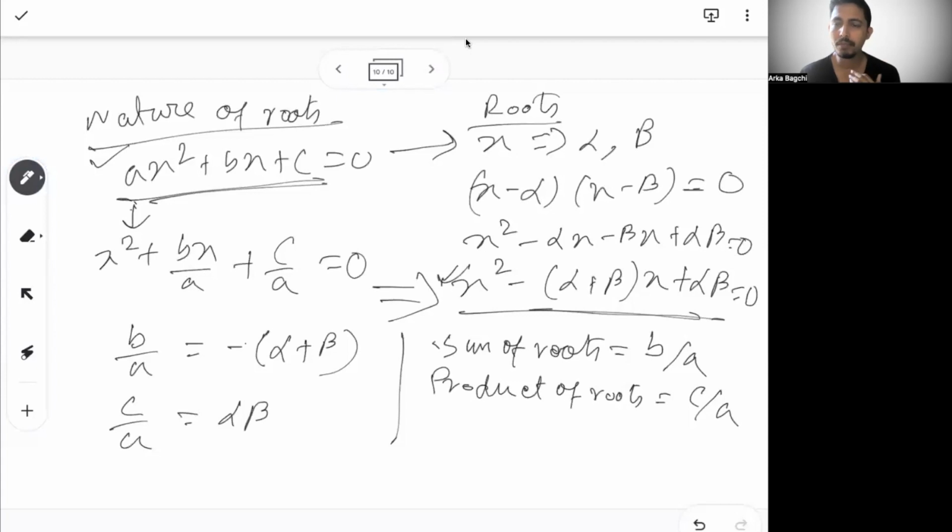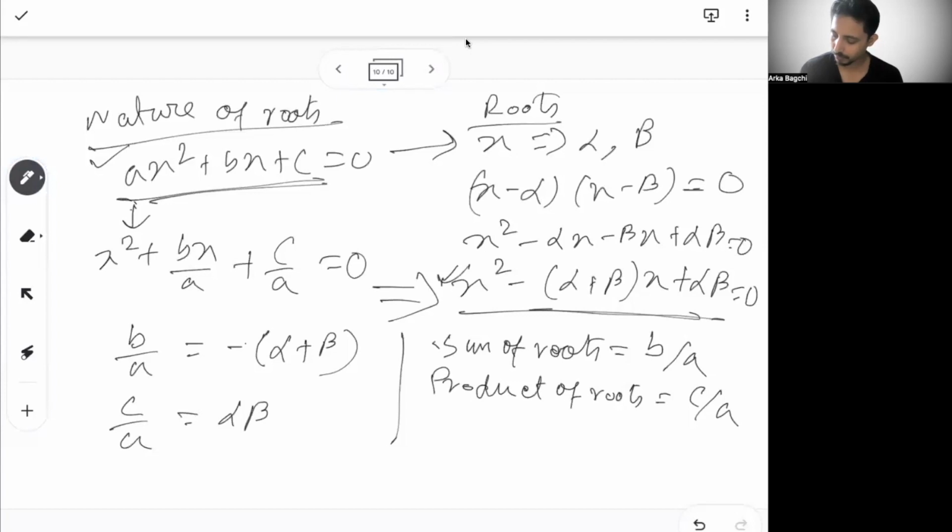A lot of time they will give you two roots, and from there they will ask you to form the equation. Or they might tell you sum of roots, they might tell you product of roots, not giving you the two roots right away. So how to find out the equation?